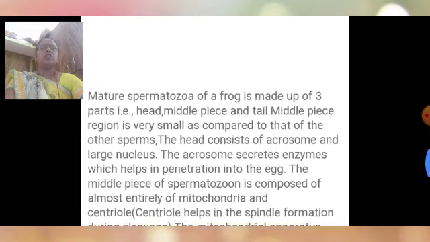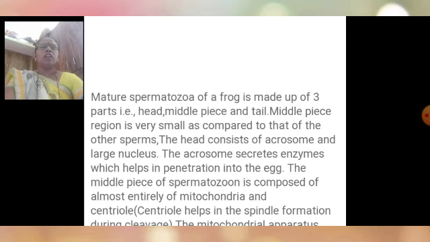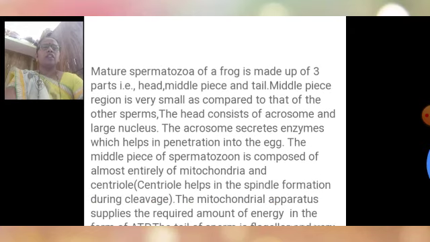Generally, the mature spermatozoon of the frog is made up of three parts: head region, middle piece region and the tail region. The middle piece region is very small as compared to that of other sperm. The head consists of the acrosome and a large nucleus. The acrosome secretes enzymes which help in penetration into the egg.